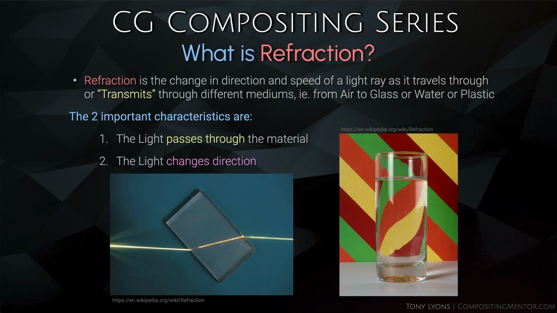What is refraction? Refraction is the change in direction and speed of a light ray as it travels through or transmits through different mediums. For example, from air to glass or water or plastic. So when light is entering and changing into these different materials, it changes direction. The two most important characteristics of refraction are, number one, the light passes through the material, and number two, the light changes direction.